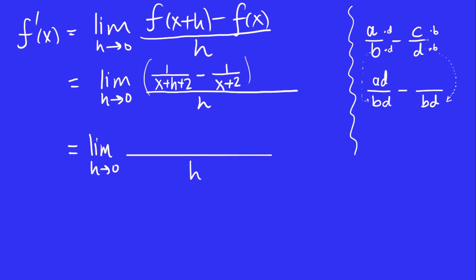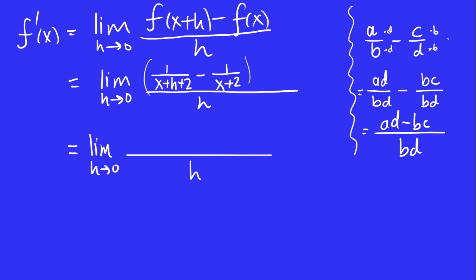So the top is going to be c times b. How about I put it in alphabetical order and write b times c instead? It's the same thing, right? That's important that you understand that little step there. And now we can write it with a single denominator, ad minus bc.